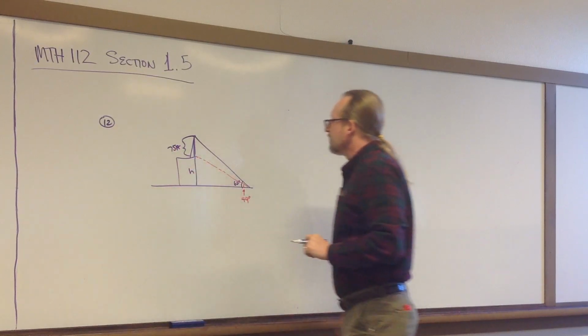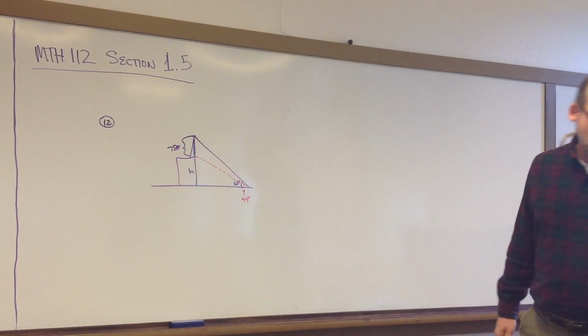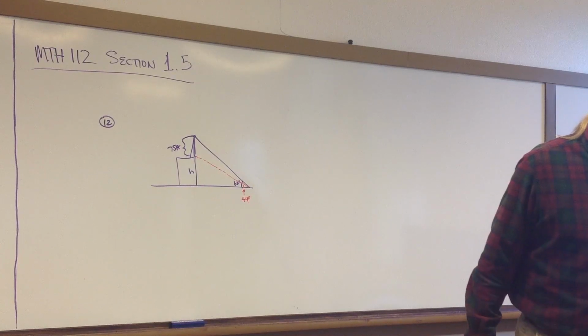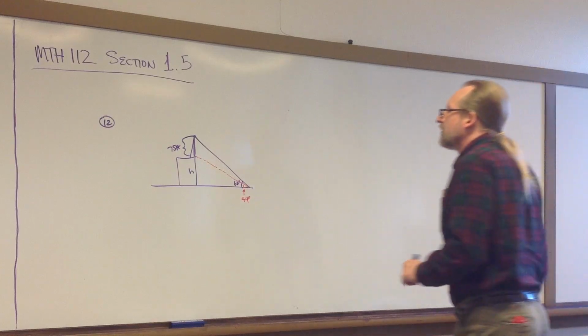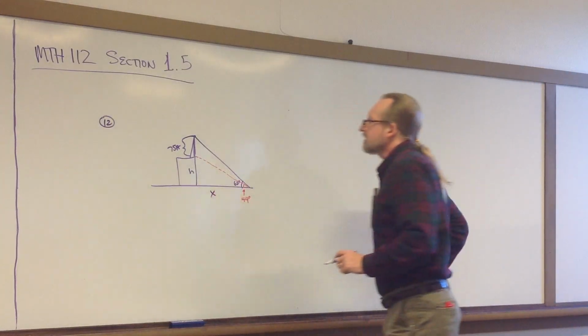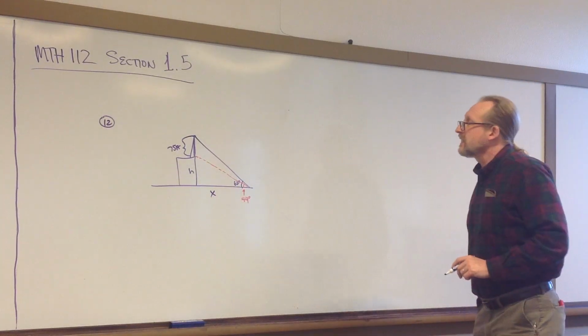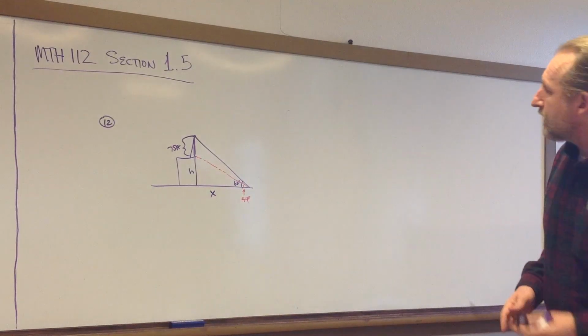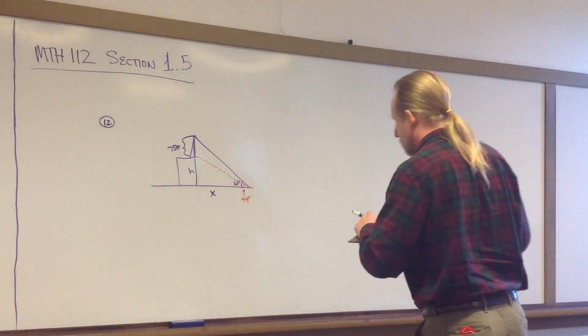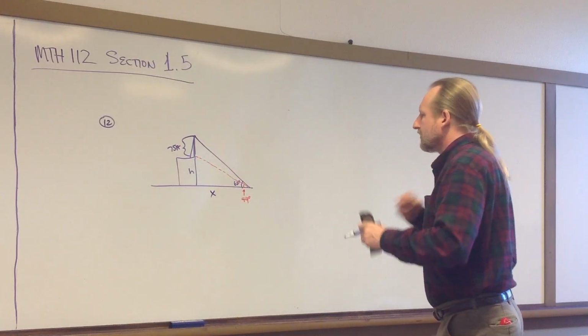We'll call the height of the building h. And we don't know this distance right here. So it looks like in this one, I think we're going to have to make a system of equations and do a substitution. So let's take a look at it and see what we get.